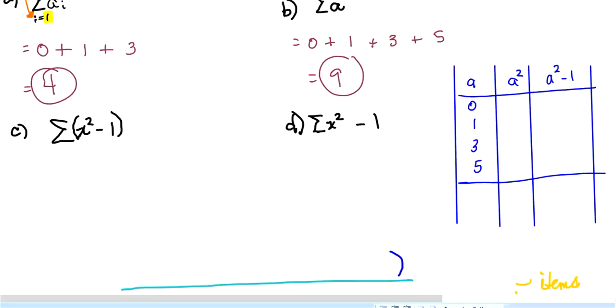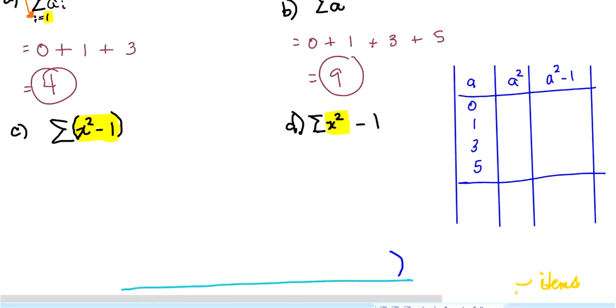So we have to take each x value, or take each a value, square it and subtract 1. Then we'll add those values up. In D, notice if there are no parentheses, whatever is right after the summation would be included in the summation. Okay, so we would get that sum and finally subtract 1 from whatever sum we would get.